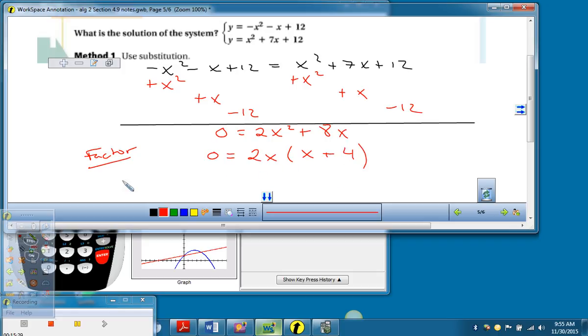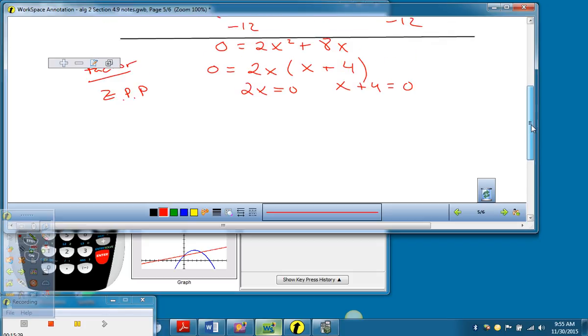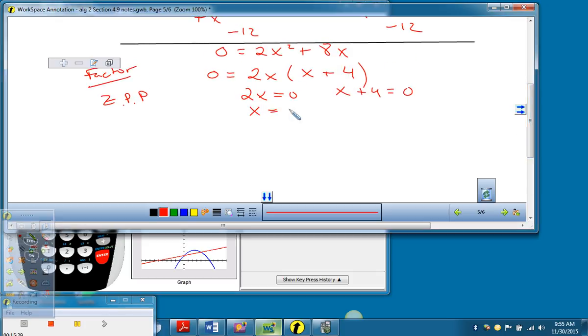So I set them equal to 0 using the zero product property. 2x equals 0, and x plus 4 equals 0. So we get x equals 0, and x equals negative 4. We subtract the 4 over. All right, those are my x's. How do I get my y?